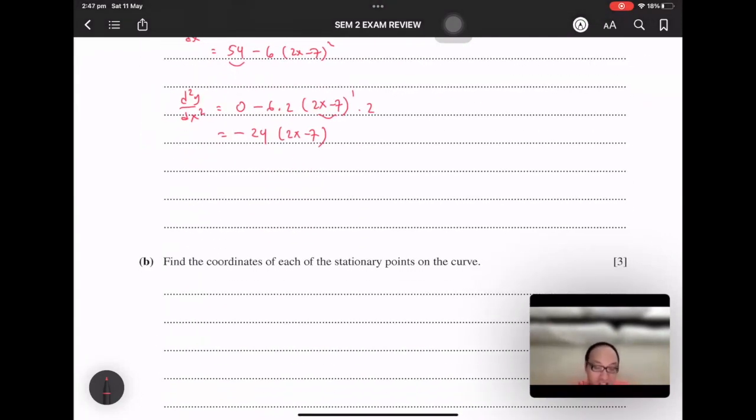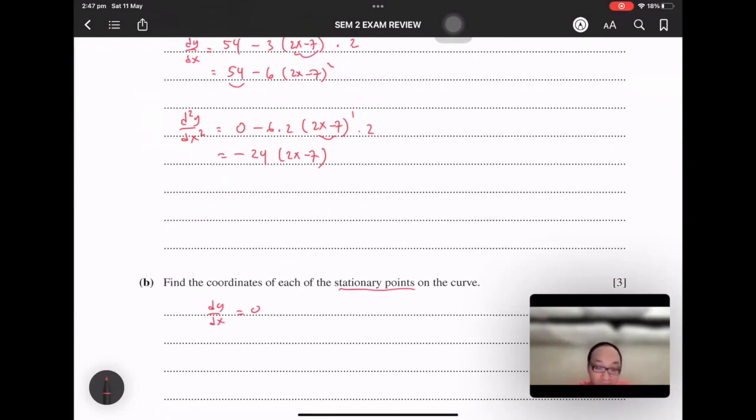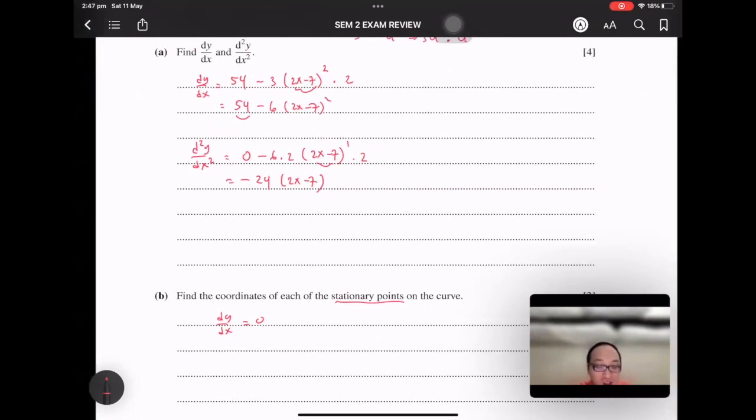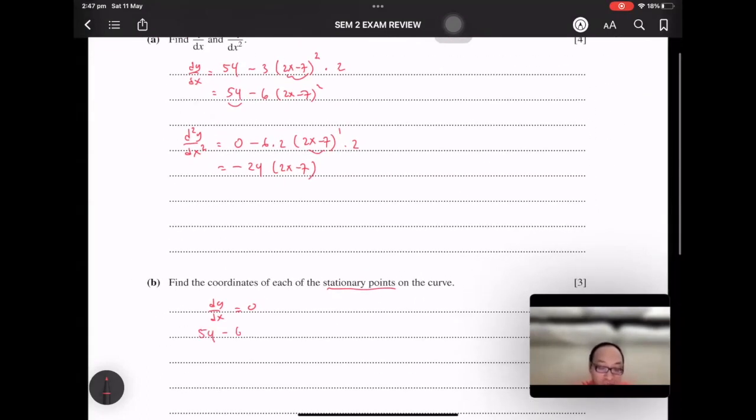Find the coordinates of each of the stationary points on the curve. So the stationary point is when the first derivative equals 0. So find the first derivative: 54 minus 6(2x minus 7) squared equals 0. So 6(2x minus 7) squared equals 54.